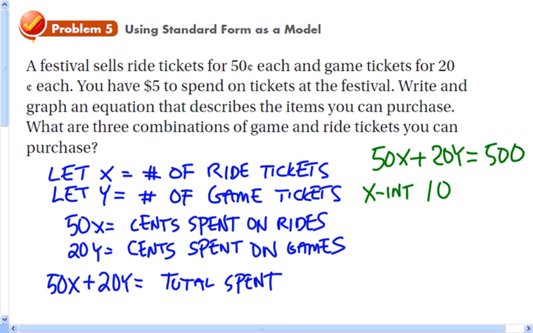My x-intercept is 10. My y-intercept is, if I spent nothing on rides and I spent all my money on games, so I took all 500 cents and divided by 20 cents, and that would give me 25 of those. So now to graph it, I have the 2 intercepts. Let me pause so I can get a graph ready.